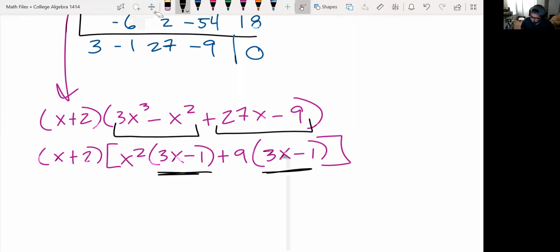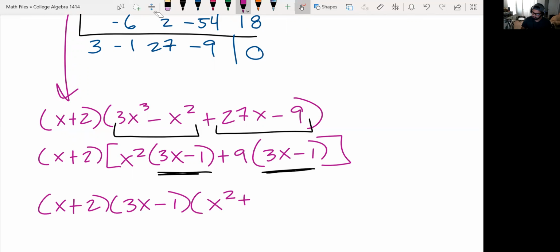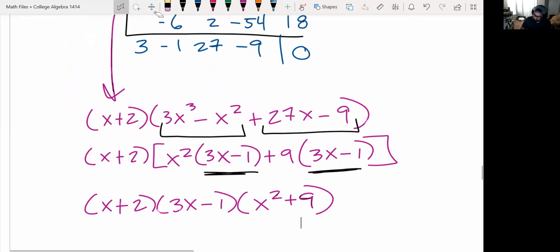So these 3x minus 1s are the same. Take those out, and all that's left over is that x squared plus 9. Okay. Here is the factored form of the equation above. Now all we have to do is find the zeros.